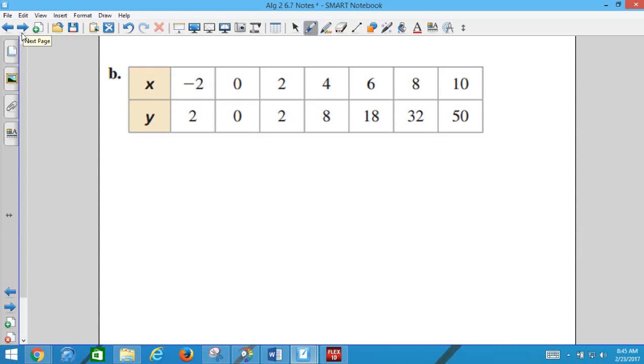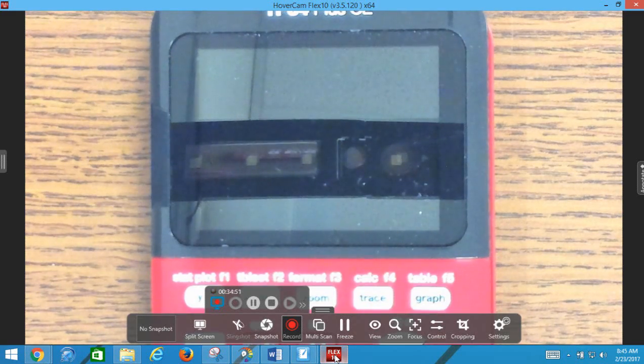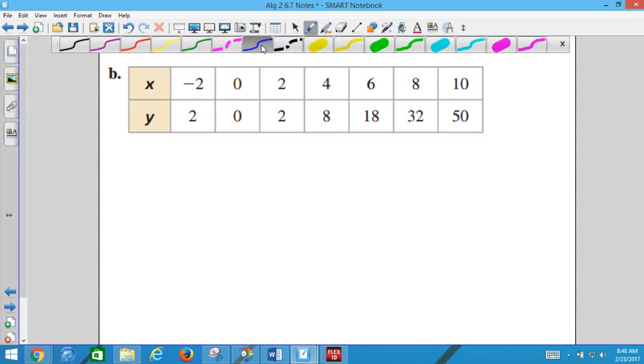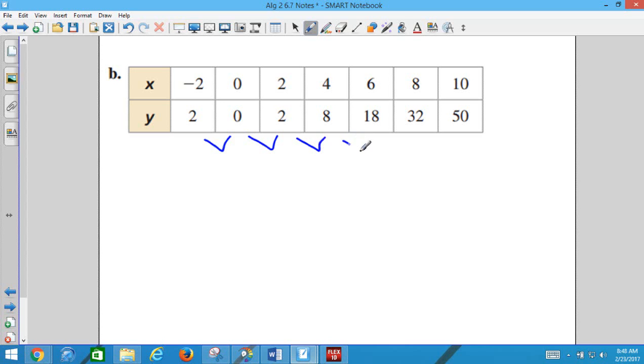So you try them. We'll look around. So for this first one, a lot of you started out by doing adding, subtracting: plus 2, plus 6, plus 10, plus 14. And that wasn't constant, so we tried a second one.